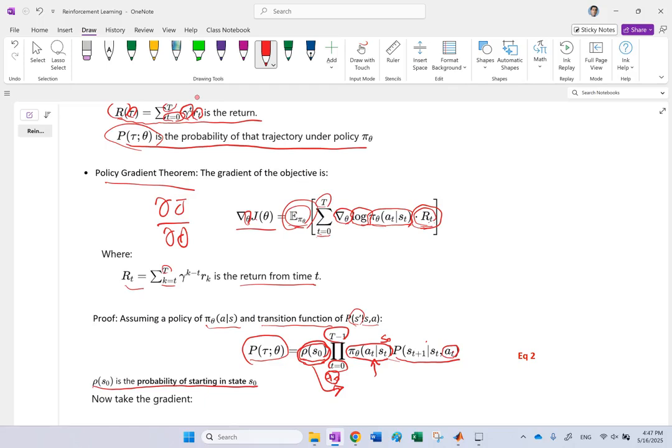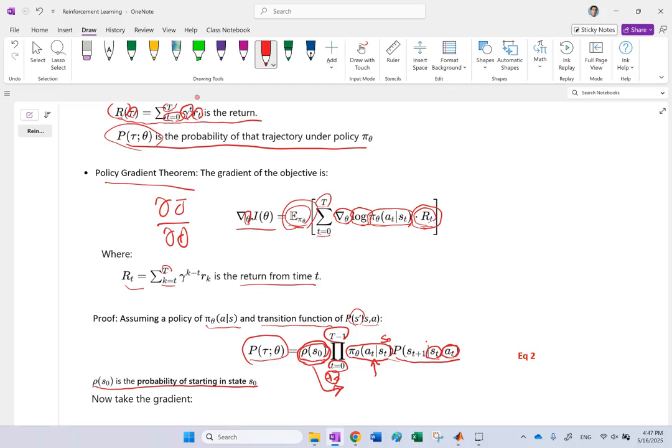Then what is the chance that when you took action A in state S, you end up in S plus 1? Most of the time it could be 100%, but not always. In a simple grid search navigation problem it is kind of 100%, but not always do we have 100% transition.